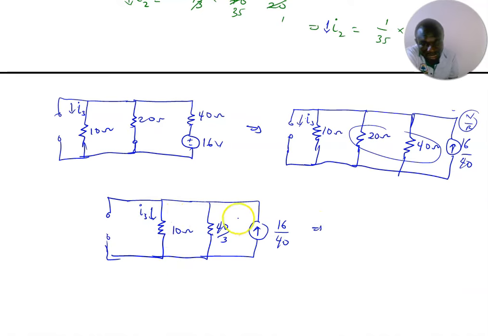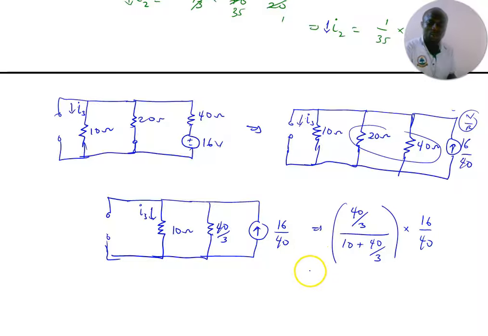So what is going to be I3? I3 is simply going to be the opposite resistance, which is 40 on 3, all divided by the sum of the resistance, 10 plus 40 on 3, times the current value, which is 16 on 40. So let me compute with a calculator. This is a complicated one.